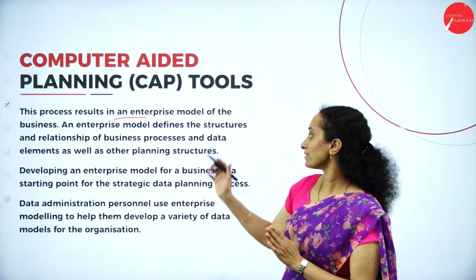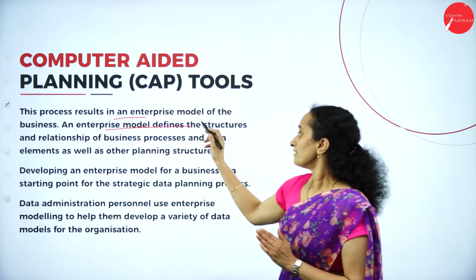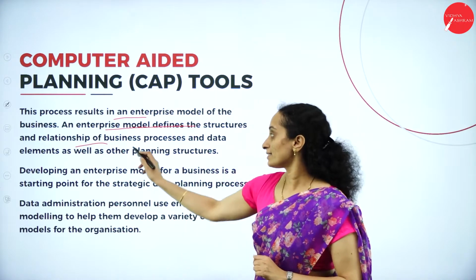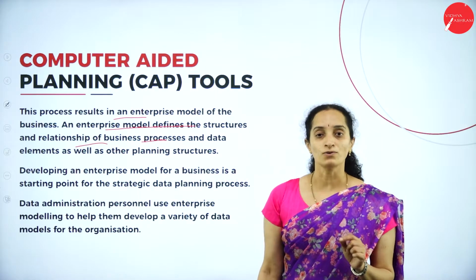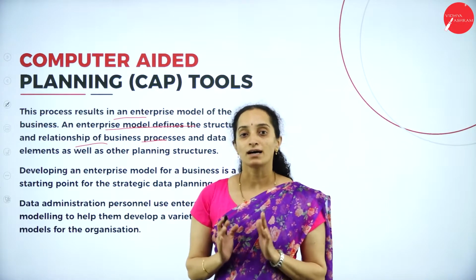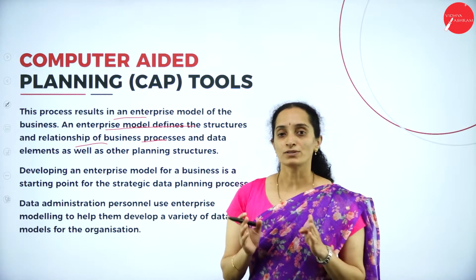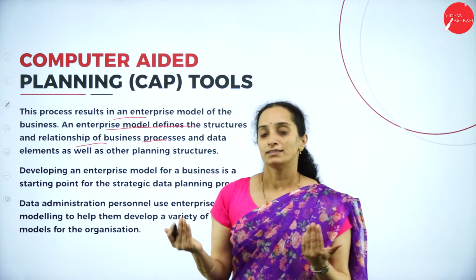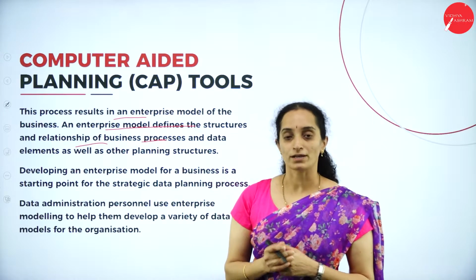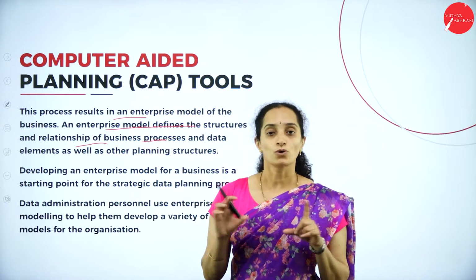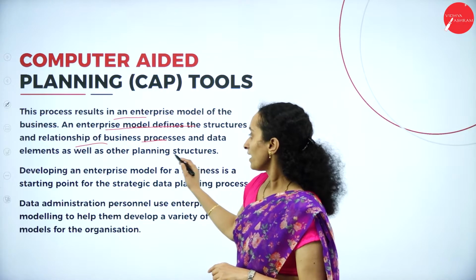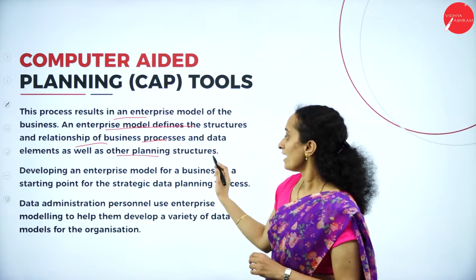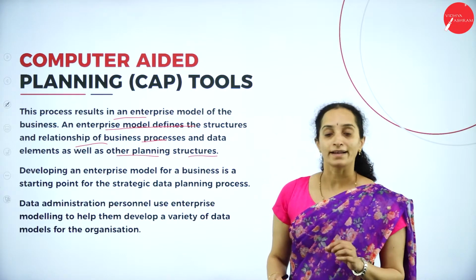It will have an enterprise model which defines the structures and relationships of business processes, how different departments are interrelated, how they need the cooperation process, how you can make the various departments cooperate with each other. And data elements must be included while planning as well as the other planning structures.